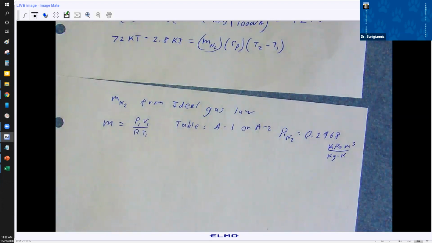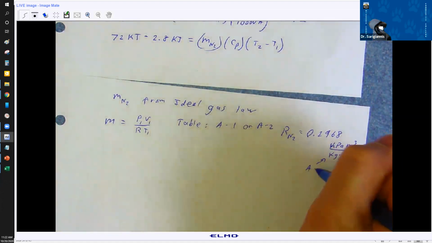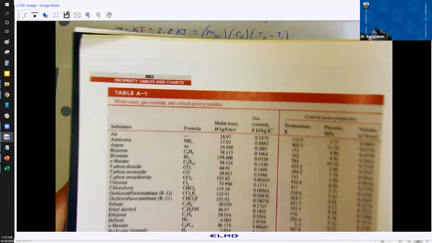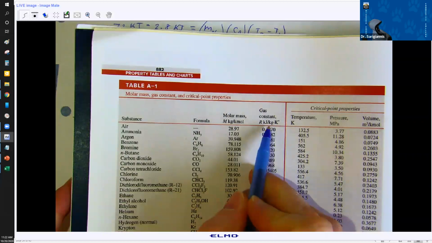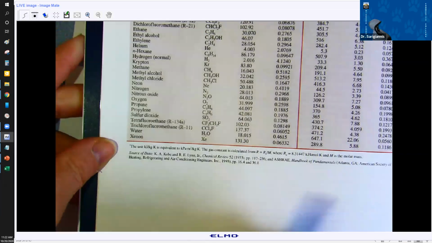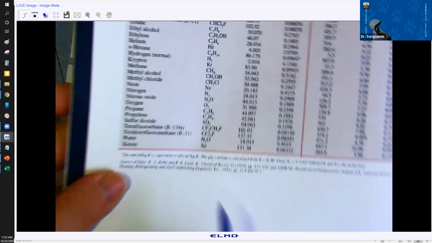So this is actually at the bottom of table A1. Remember, this is the one where they report the gas constant in units of kilojoule per kilogram Kelvin. And there's a little asterisk there, and you have to go down to the bottom and see that this is the same thing as kPa, meters cubed, per kilogram Kelvin.